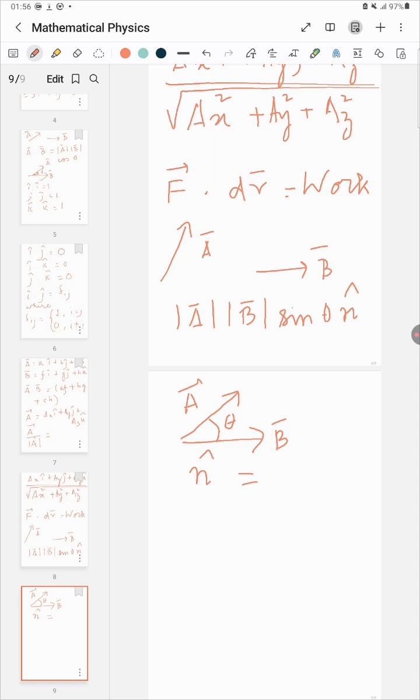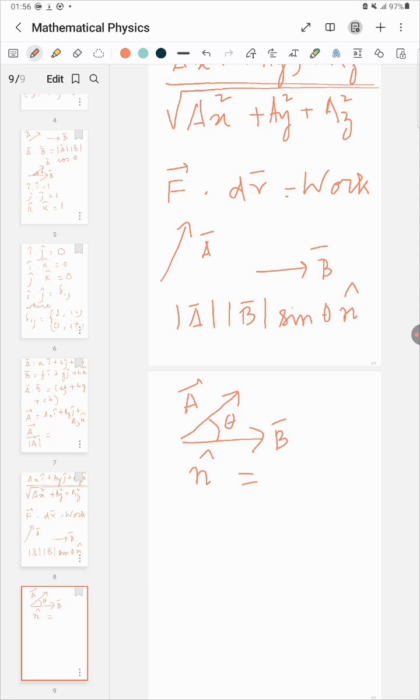So in this case, as we move our fingers from B towards A, our thumb points outward, that is towards us, out of the plane of this board. Similarly, if you curl your fingers from A towards B, your thumb will point inward, that is into the plane of this board. So it will point the other way.